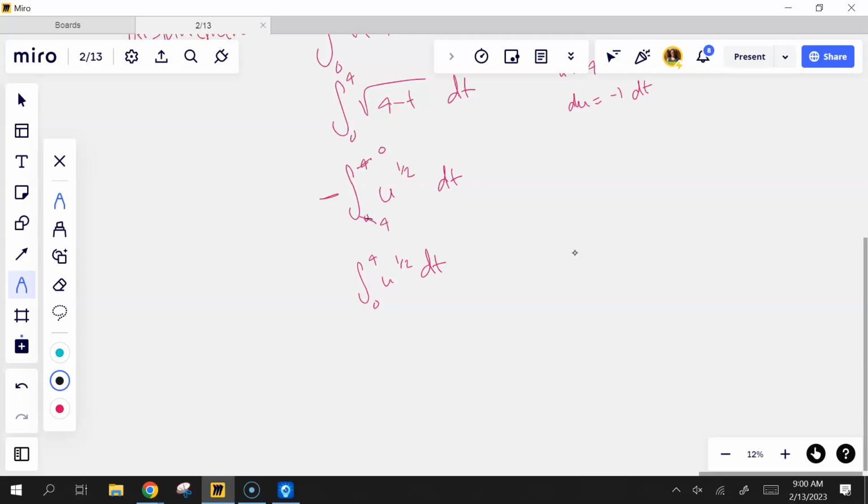But then my bounds were switched, so I switched them and negated, because my smallest number wasn't on the bottom.